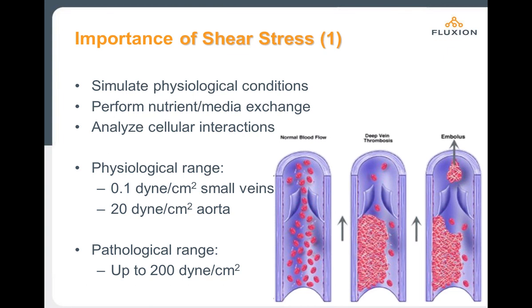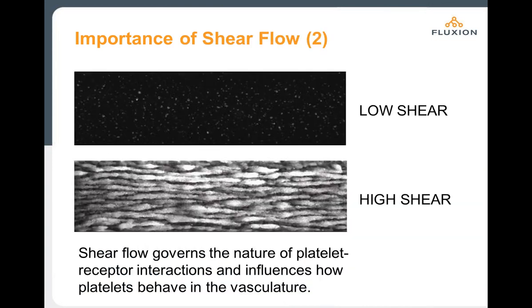The importance of shear stress and perfusion has been known for some time, most notably in the biofilm community and the platelet community. In the blood vessels, blood perfuses through at a certain rate. In small veins, that's low, about 1/10 of a dyne, and in the aorta, it is as high as 20 dynes.